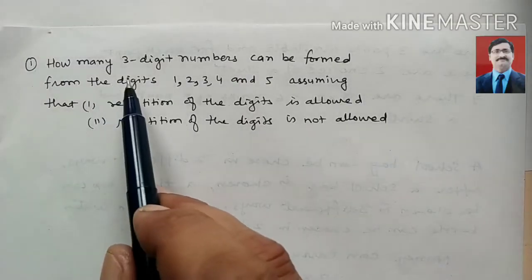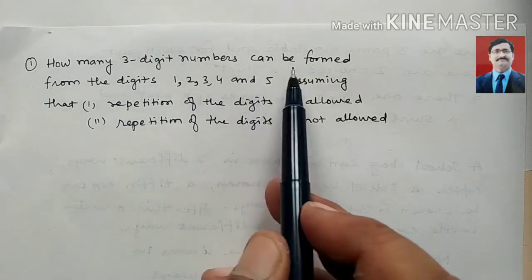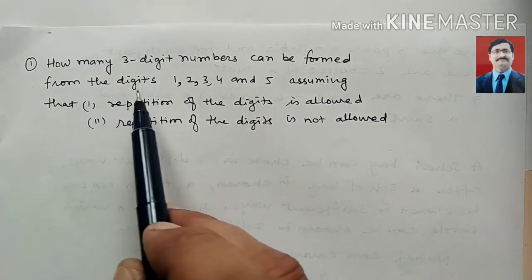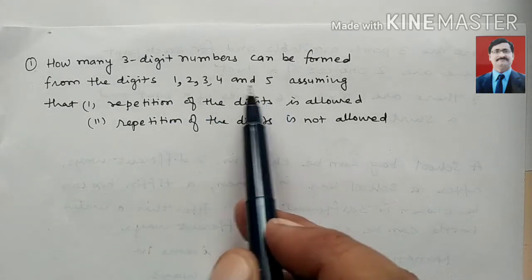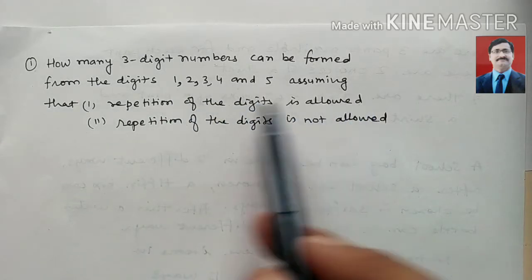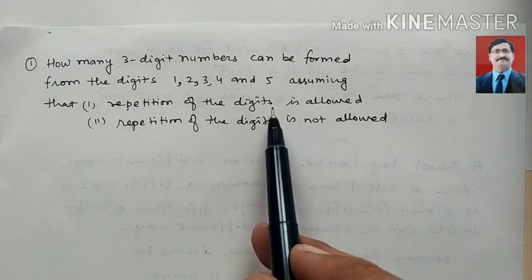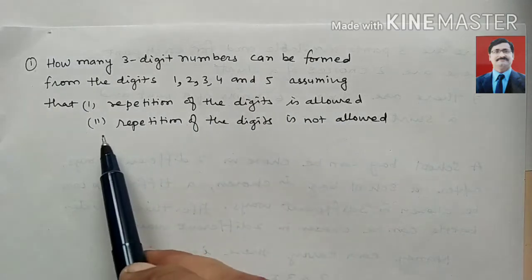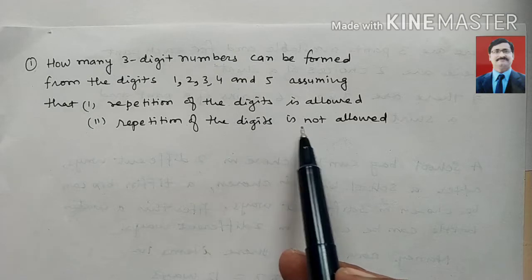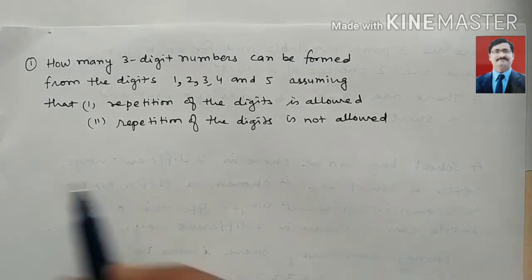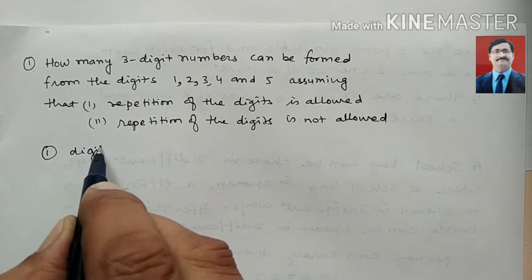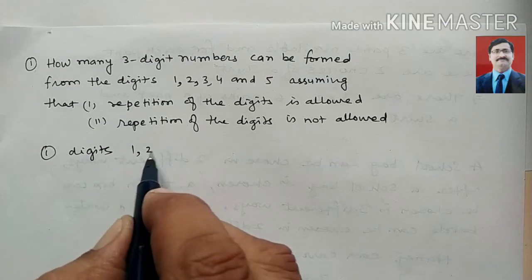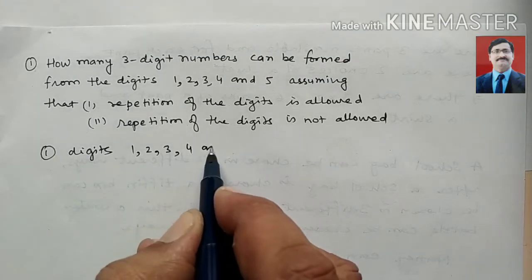How many 3-digit numbers can be formed from the digits 1, 2, 3, 4 and 5? Here 5 digits we have, assuming first that the repetition of the digits is allowed, and second that the repetition of the digits is not allowed. So look here, first we take the digits given. Digits are 1, 2, 3, 4 and 5.